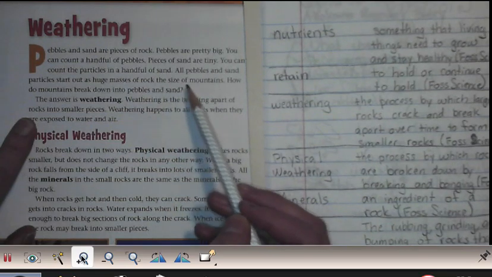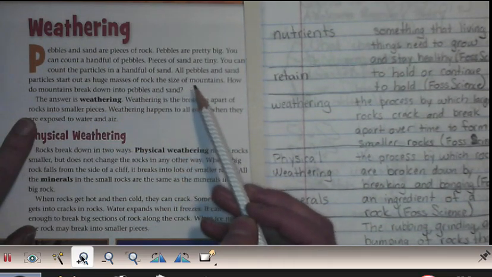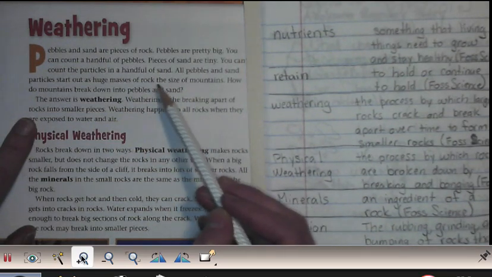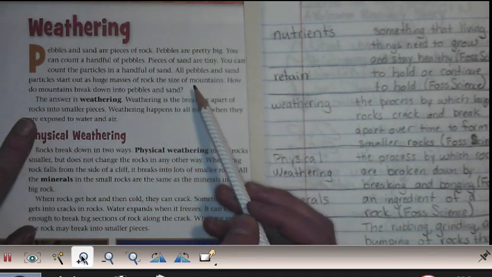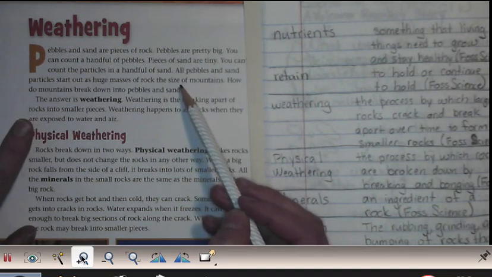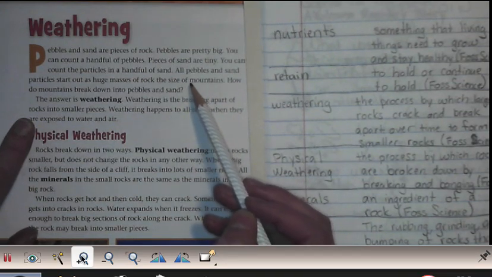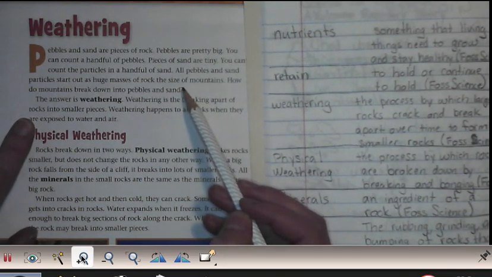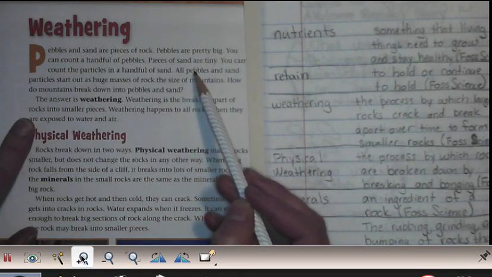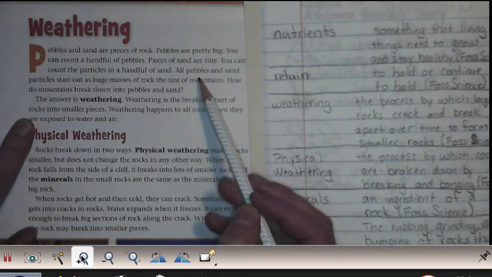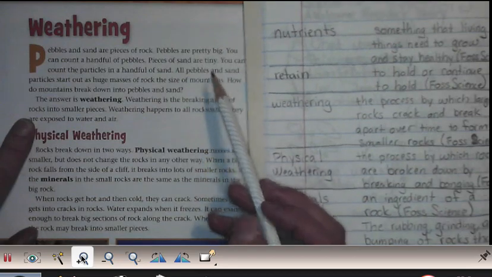As soon as the author wrote that this was the size of a mountain, and that all pebbles and rocks started from a rock that big, I thought about weathering as that breaking down, and eventually the pieces break down far enough to become tiny little pebbles and sand.